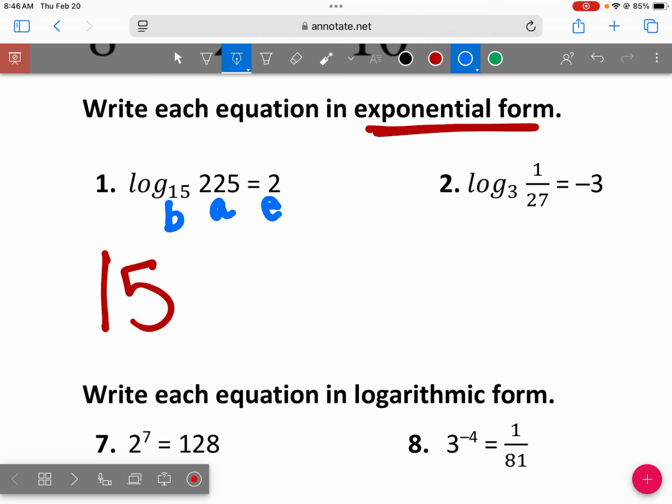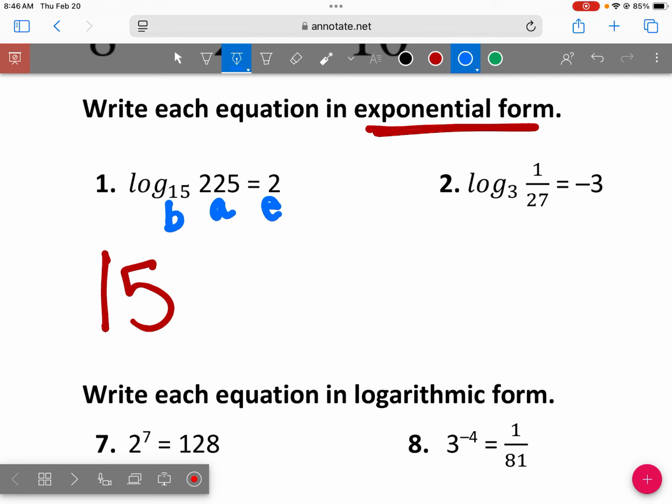All right, you can finish that row. Now let's go to this one. To go backwards, this is still the base. Now you have your exponent, and this is your answer. So it would be log, write the word log. The base is 2.